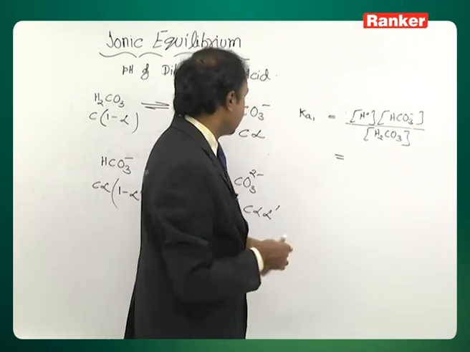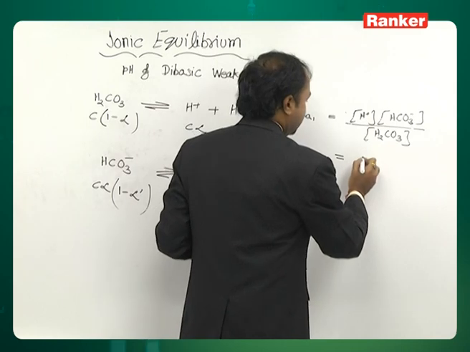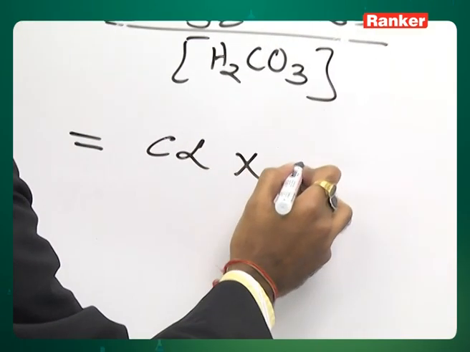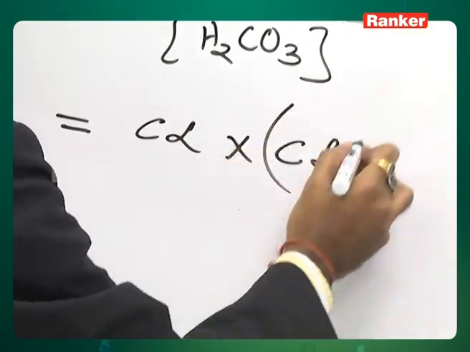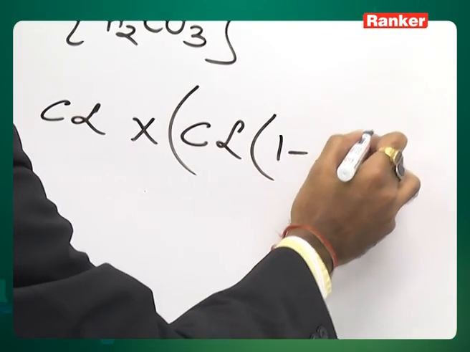We substitute the values and this becomes equal to C alpha into C alpha into 1 minus alpha dash.